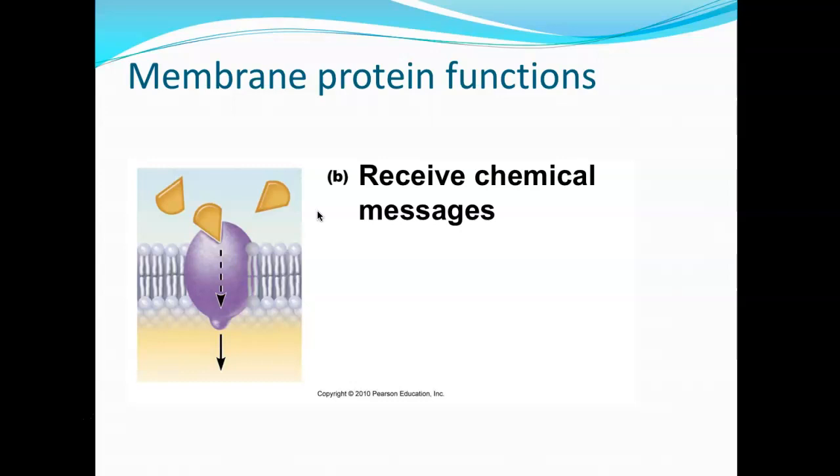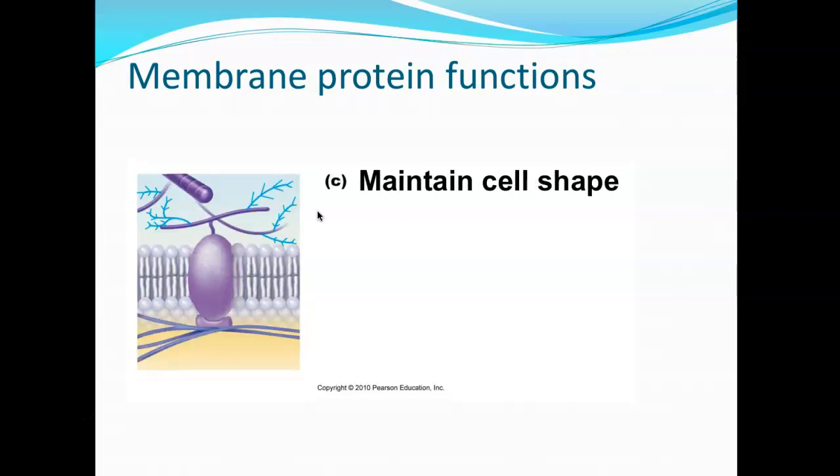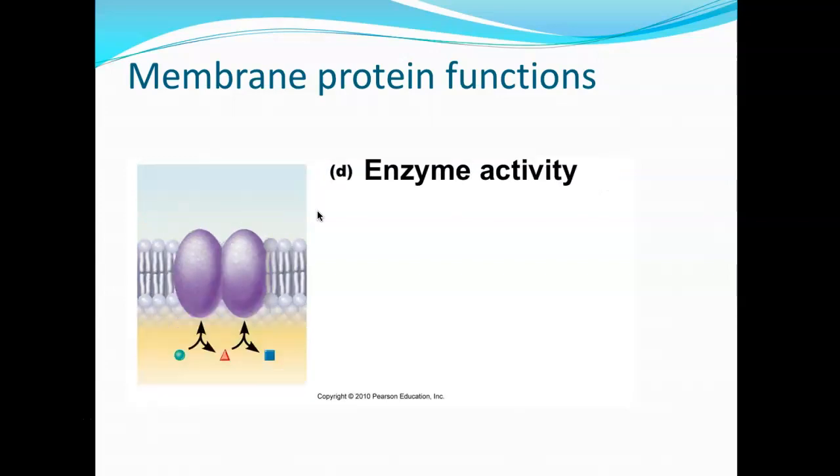We're going to see this when we look at neurons. All right? There's some that just maintain the cell shape and keep the cell structure. Just maintain the shape, keep it structured. All right? Then there's some that have enzyme activity, and enzymes are responsible for chemical reactions. So there's chemical reactions that occur that involve the enzymes that are embedded in the cell membrane.